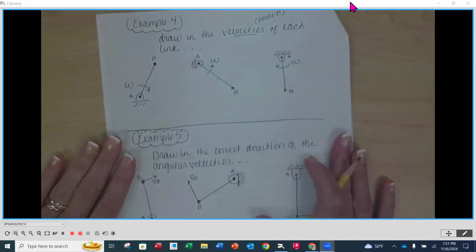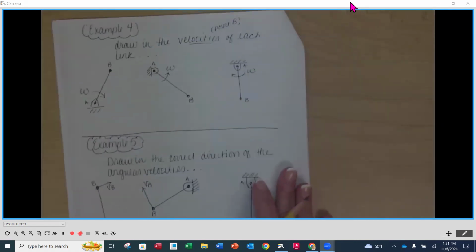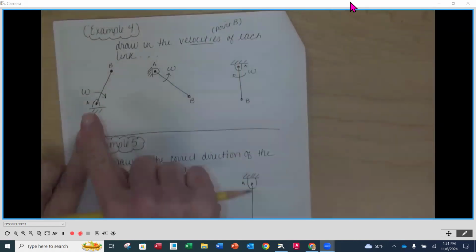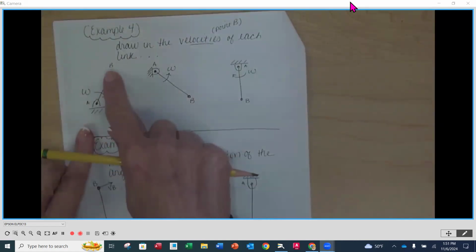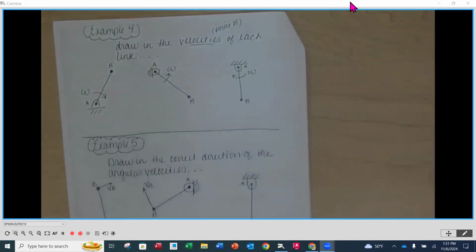One more page for the day. This one. So we've got example 4 and example 5. Example 4 says draw the straight line velocities for each point on the links. So for each point B on the link, we've got a link here with point B on the end. I want you to identify the straight line velocity of point B on each one of those links, given what you have. And I'll give you a little bit to fill that in.